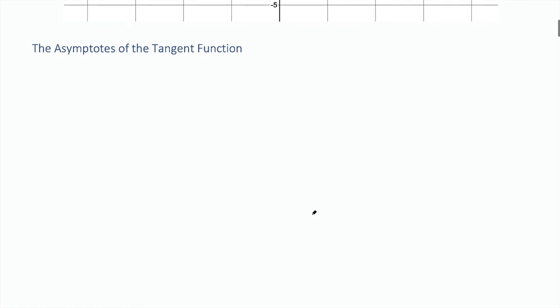The tangent function has asymptotes when cosine is 0. If we look at the most general form, a times the tangent of bx minus c, plus d, tangent is sine over cosine, and so when cosine of bx minus c is 0, that's when we have our asymptotes.